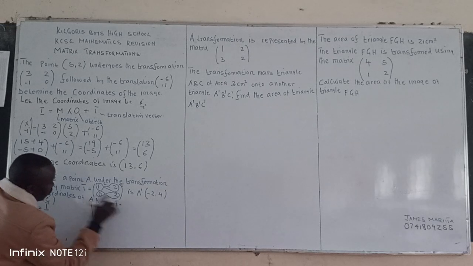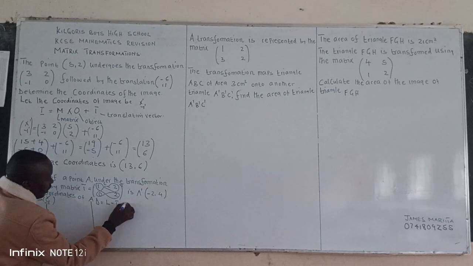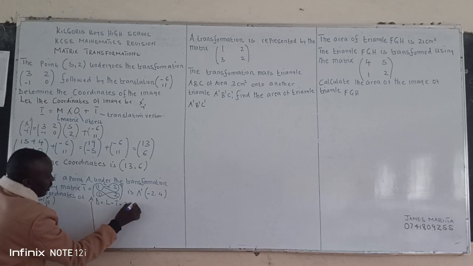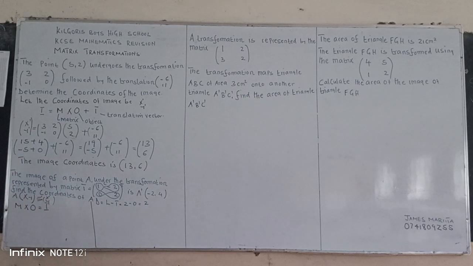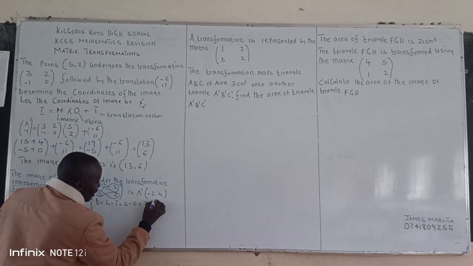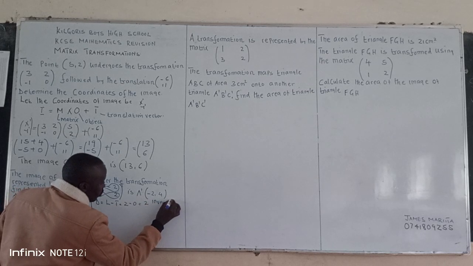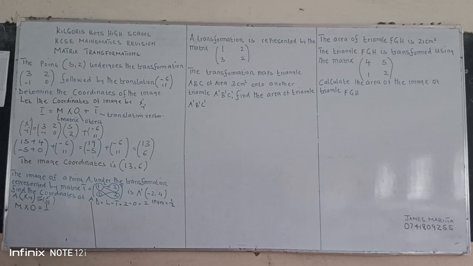So the determinant is 1 times 2, which is 2, minus 0 times 2, which is 0, so the determinant is 2. The inverse is then 1 over 2 times the matrix of that transformation. We need now to find the coordinates of A.